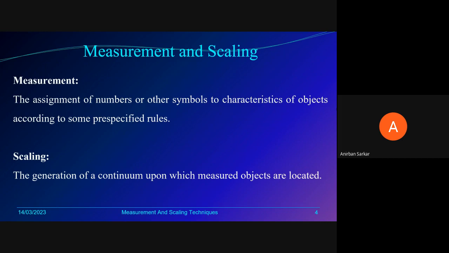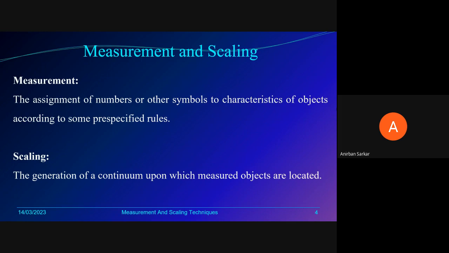Now, what is measurement and how is it related to scaling? Measurement is the assignment of numbers or other symbols to characteristics of objects according to some pre-specified rules. Basically, in research, you are identifying objects and trying to understand the characteristics of those objects.